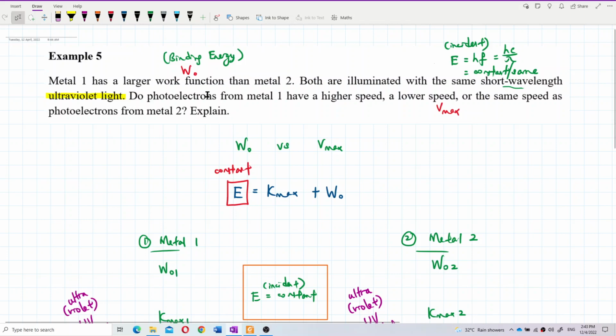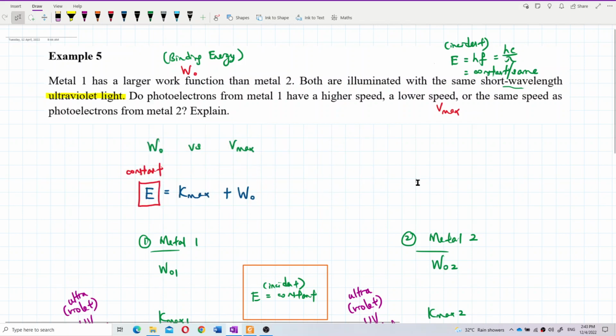So what I can say is, he's saying that the work function for method 1 is larger than the work function for method 2.